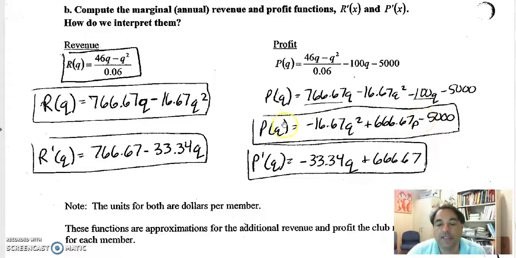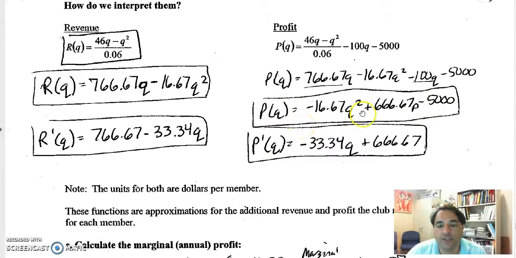Get that in order. That's just a rewrite. There's your total profit. The derivative of negative 16.67q squared is negative 33.34q. The derivative of 666.67q would be 666.67, and the derivative of minus 5,000 is just 0.